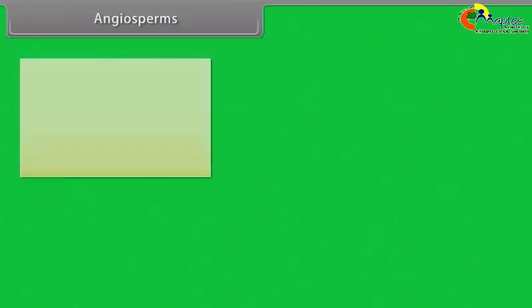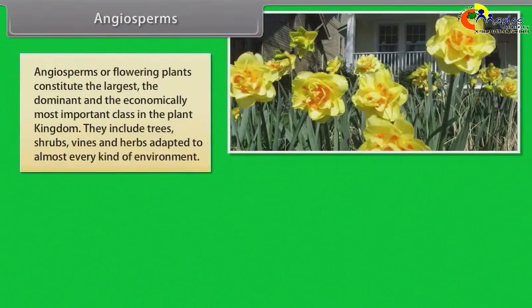Angiosperms. Angiosperms, or flowering plants, constitute the largest, the dominant, and the economically most important class in the plant kingdom. They include trees, shrubs, vines, and herbs adapted to almost every kind of environment.